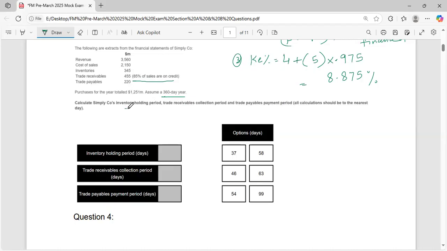Calculate Simply's inventory holding period, trade receivables collection period, and trade payables payment period. Okay. So first we will calculate our credit sales, which is 3560 multiplied by 0.85.